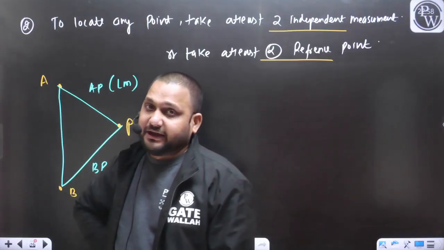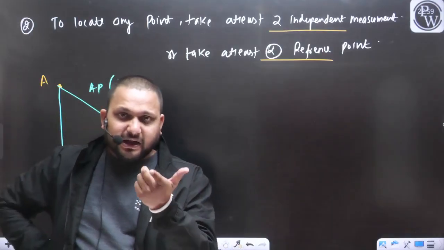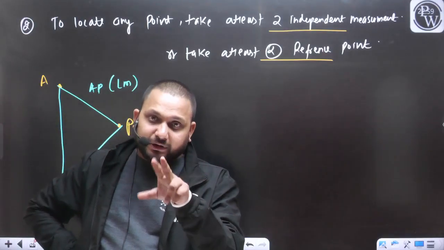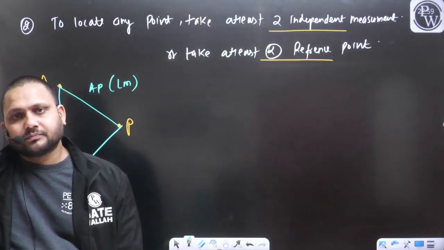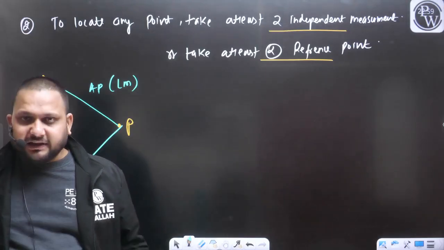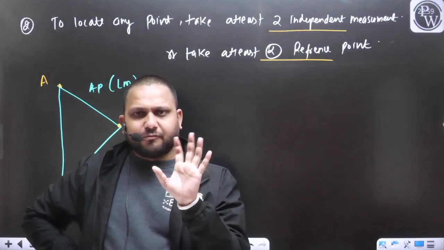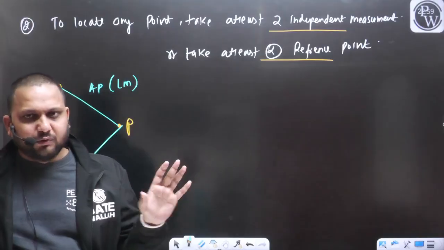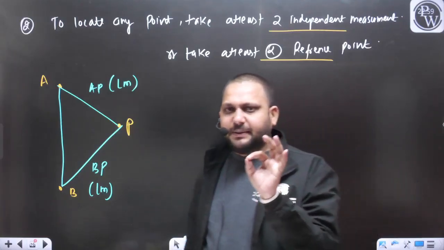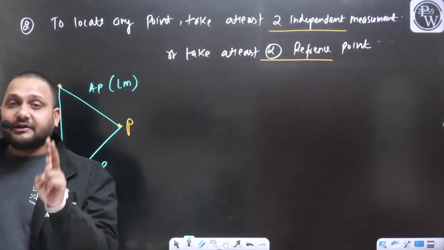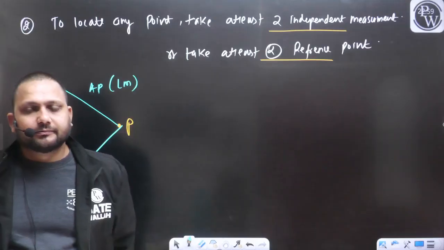If I want to define this position from a single point, then we have to take 2 independent measurements. Yes or no? At least, that means minimum. You can take 3 references, 4 references, 5 measurements, I don't have any problem. But if you want to define the position of any point accurately, take at least 2 independent measurements or take at least the reference of 2 points.